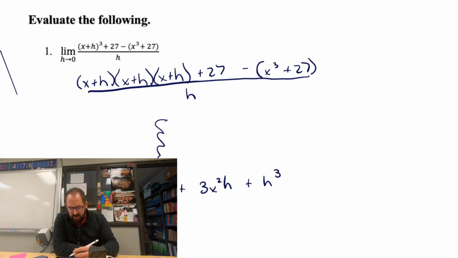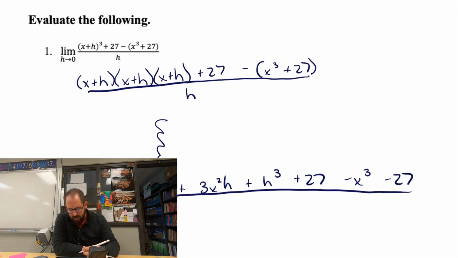That's foiling those 3 big parentheses together. Then we have the plus 27 after it, minus the x cubed, minus the 27, all divided by h. This is the limit as h approaches 0. You just keep carrying that down. That's if you foiled, first, inner, outer, last.